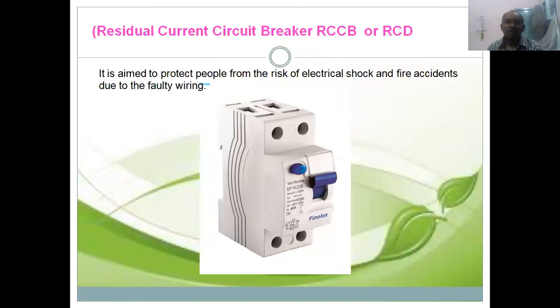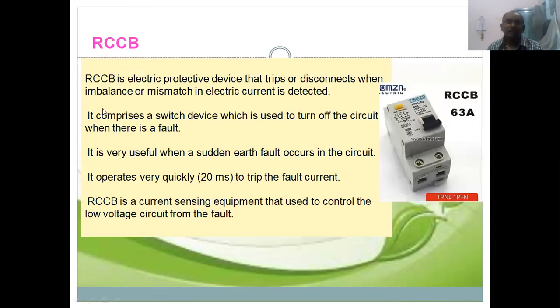Now, another is the RCCB, or RCD, residual current device, or residual current circuit breaker. It is aimed to protect people from the risk of electrical shock and fire accidents due to faulty current. That's why it is used as the RCCB. An RCCB is an electric protective device that trips or disconnects when an imbalance or mismatch is detected.